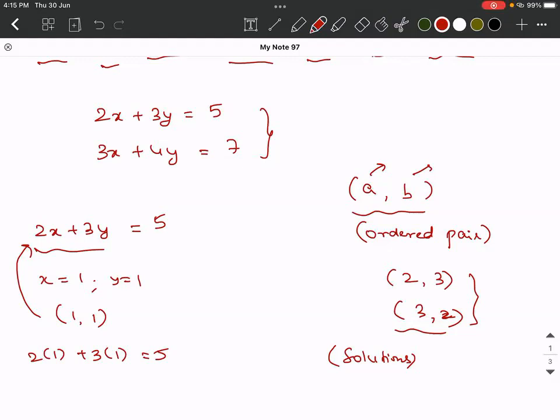Generally, when you take a linear equation in two variables, how many solutions will it have? Listen to my question carefully and answer. A linear equation in two variables will have infinite solutions, because graphically, what does it represent?